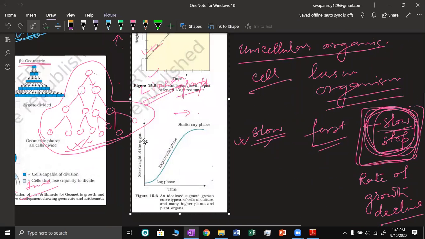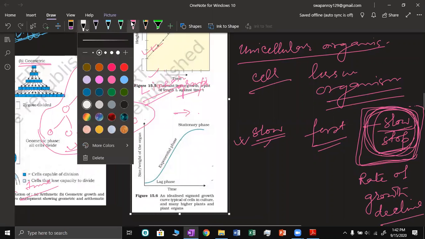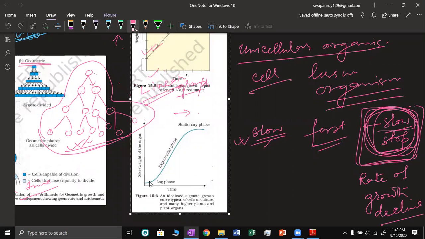Here in this graph, this is a graph showing geometrical growth. Here initially the growth is slow. See, with time increasing, the growth rate is almost stagnant. And then gradually the rate increases, and then it becomes very fast.